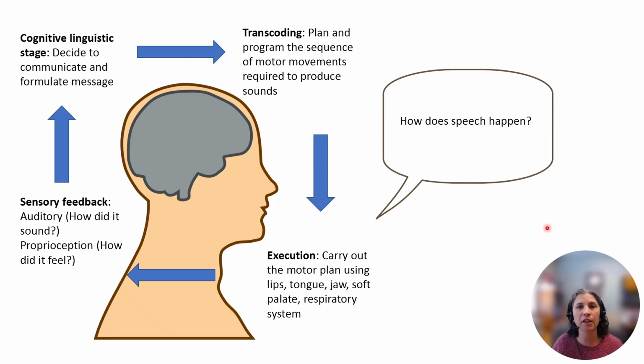So this is where the lips, tongue, jaw, palate, and respiratory system must work in concert to produce fluent speech. And lastly, you process the sensory feedback stemming from speech production and reflect on how it sounded and how it felt. This helps you fine-tune the accuracy and precision of speech over time. When you realize how much goes into producing speech, it's no surprise that there are many ways where speech can break down.